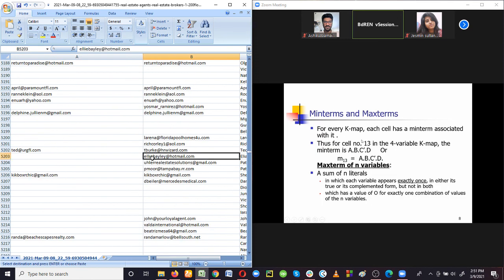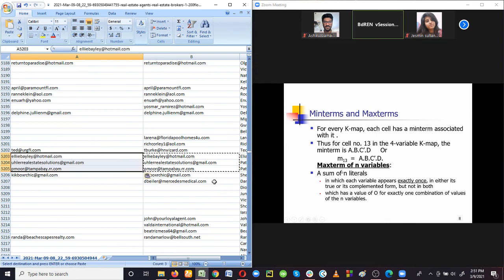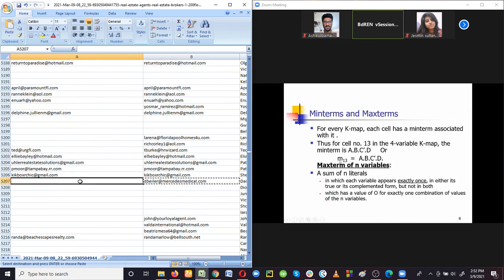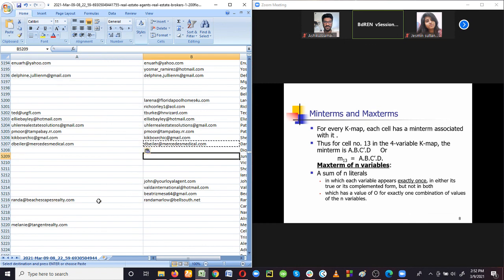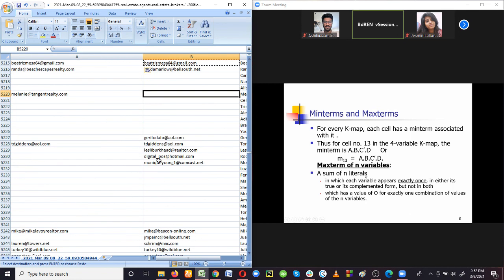Now, did you understand min term? Now we will read the max term of n variables. Min term is the product of n literals. Max term is the sum of n literals. So this is the main difference between min term and max term.